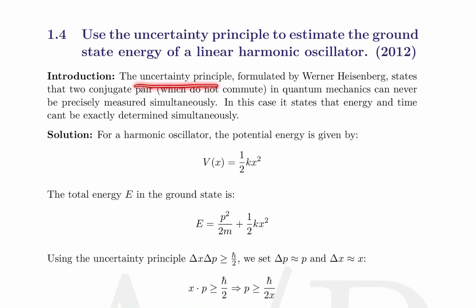The uncertainty principle formulated by Werner Heisenberg states that two conjugate pairs which do not commute in quantum mechanics can never be precisely measured simultaneously. In this particular case, it states that the energy and time can't be exactly determined simultaneously. So this is very important, because the fundamental concept of the Heisenberg uncertainty principle boils down to the conjugate pair.